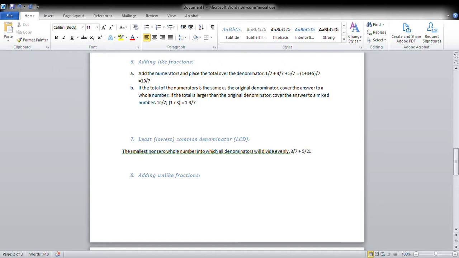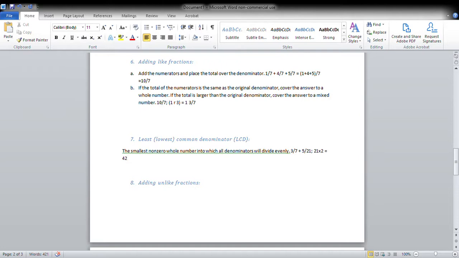And that is our least common denominator, 21. So you can, if you want to, 21 times 2 equals 42.